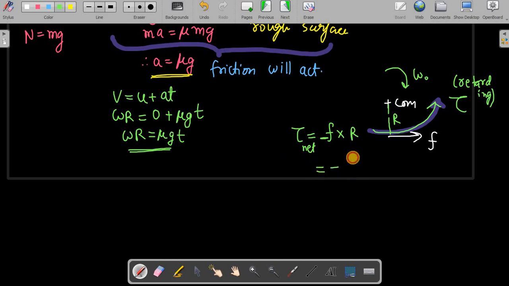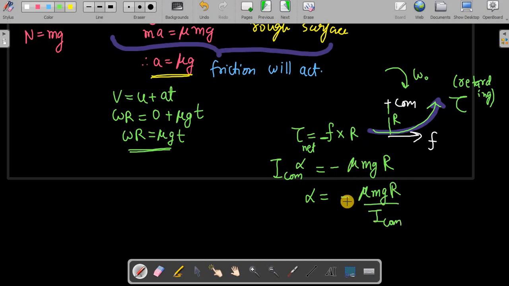Then you can calculate this friction. Of course you can write mu times normal, which is mu mg, into r, and net torque is I into alpha, so I center of mass into alpha. From here alpha is minus mu mg r by I center of mass.